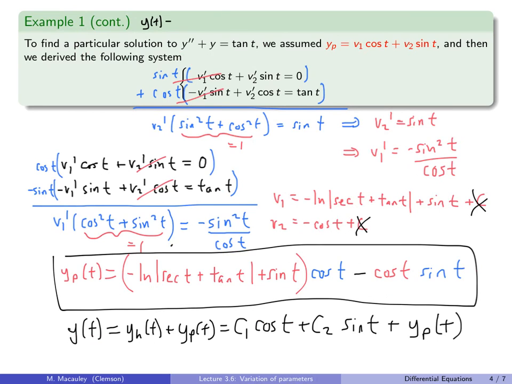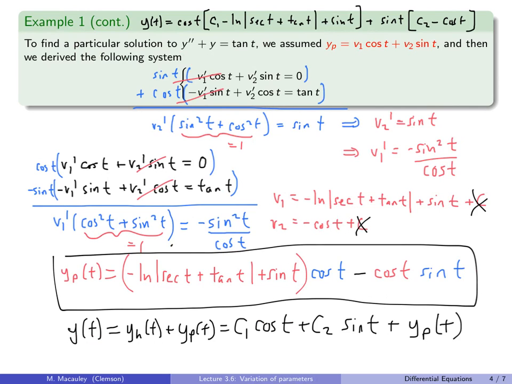So y of t equals cosine of t times c1 minus natural log of secant of t plus tangent of t plus sine of t, plus sine of t times c2 minus cosine of t.